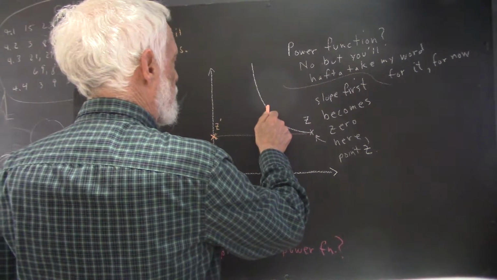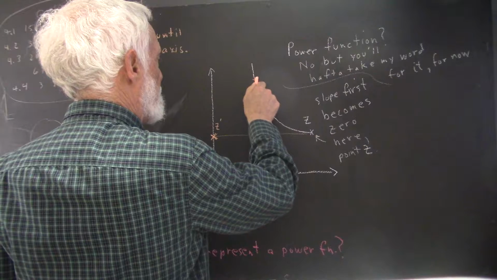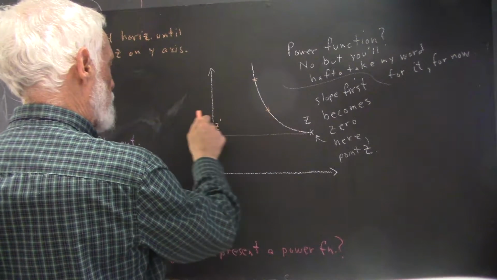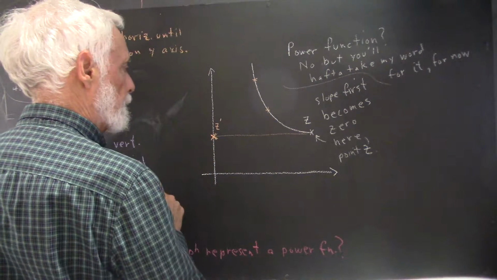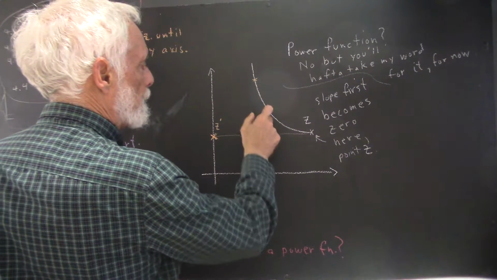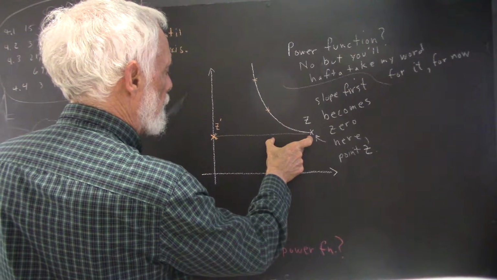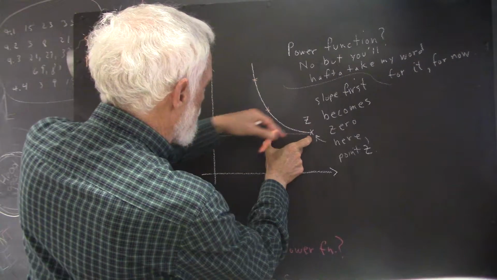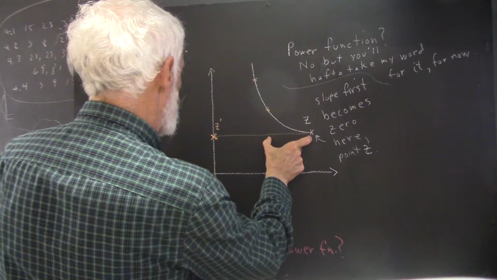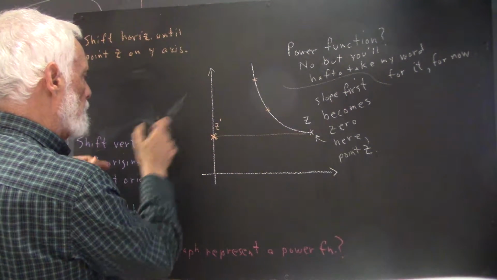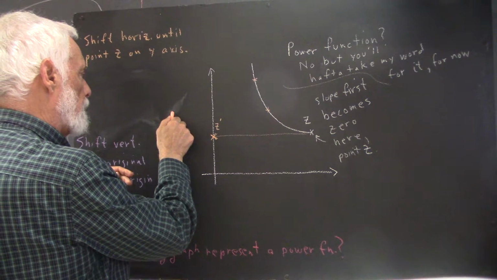Okay, so we could just pick a couple more points on this curve and transform those points. Okay, let's see. This point is this far to the left of this one, so I'm going to say we have to move over about this far and we end up with a point about here.